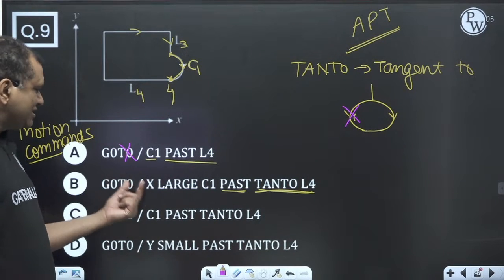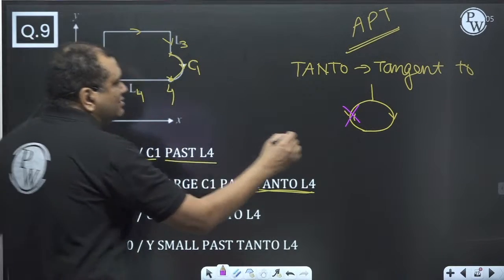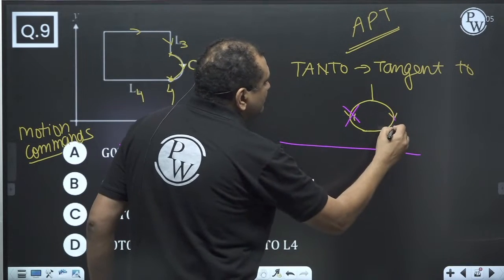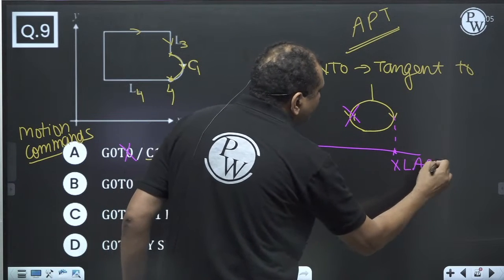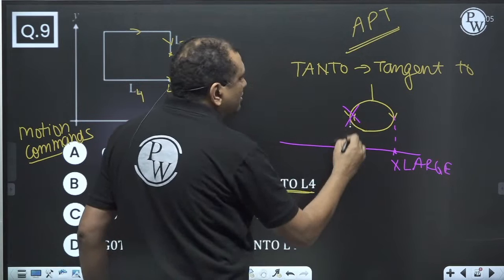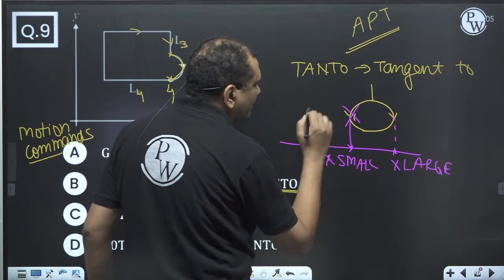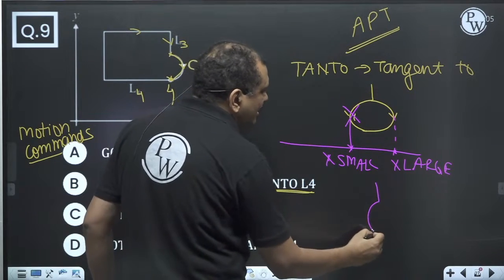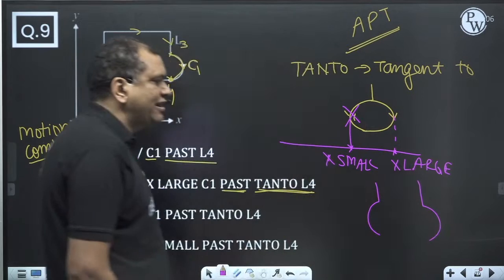Now in the second statement, X large C1. This is the X large, and this is the X small. When the curve is going like this, it is called X small. When the curve is going like this, it is called X large.